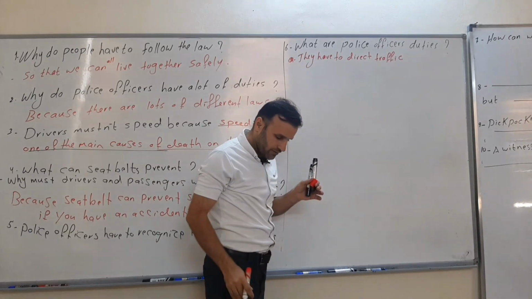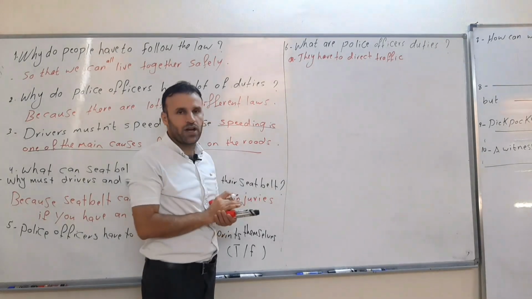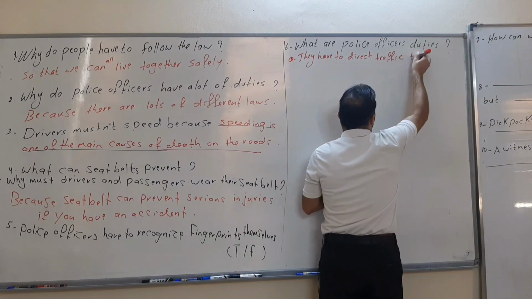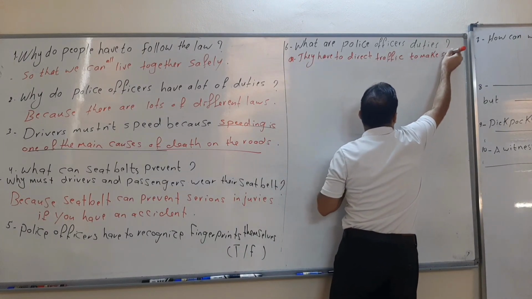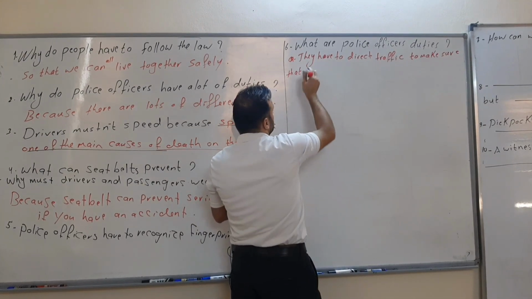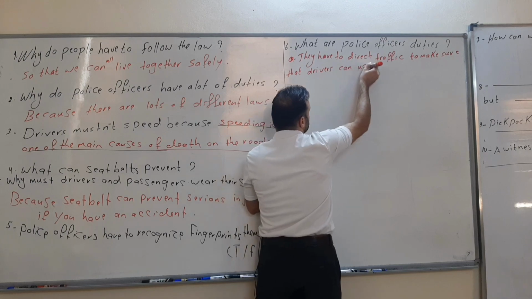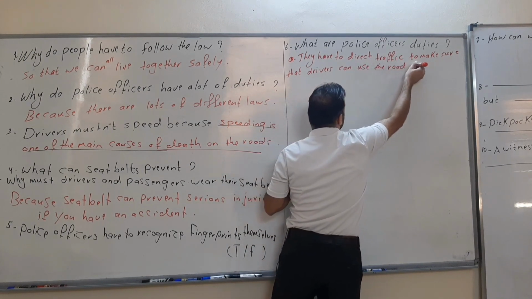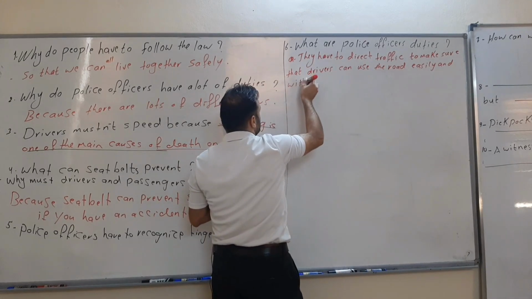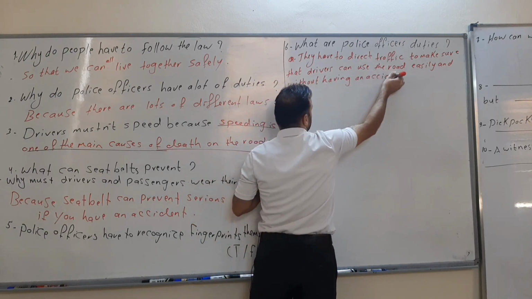This point is actually very, very important. Why do the police have to direct the traffic? The police have to direct traffic to make sure that drivers can use the road easily and without having an accident.